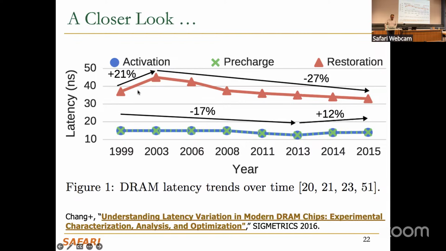You can see from this plot from 1999 to 2015 that activation latency has been reduced by, let's say, 27% from its peak point. However, at some point restoration latency has been reduced, but the activation and pre-charge latency are actually increasing. There are reasons for that, which I don't want to go through now, but essentially they couldn't really improve latency much.